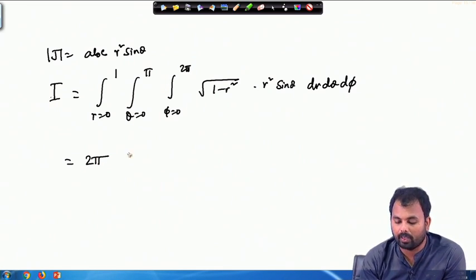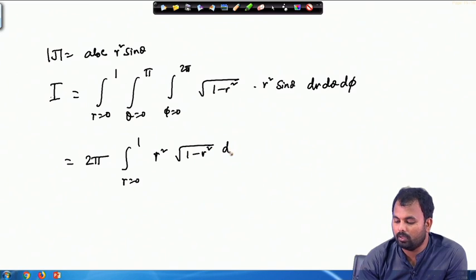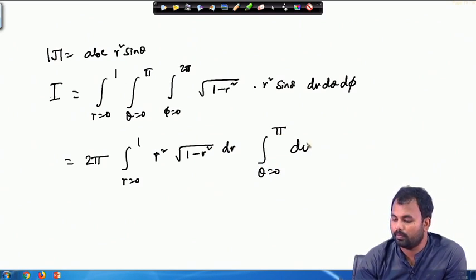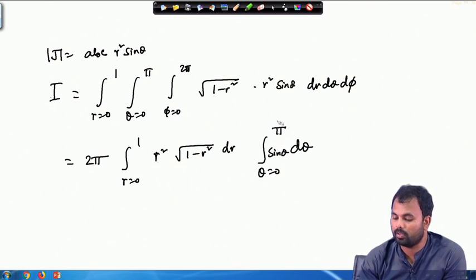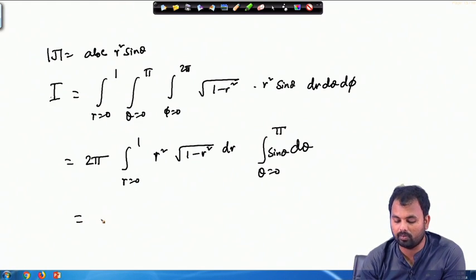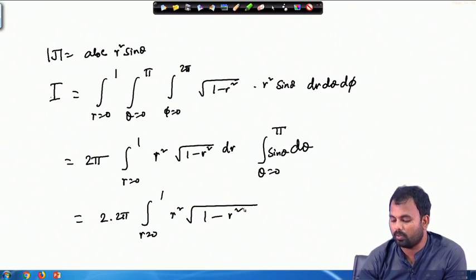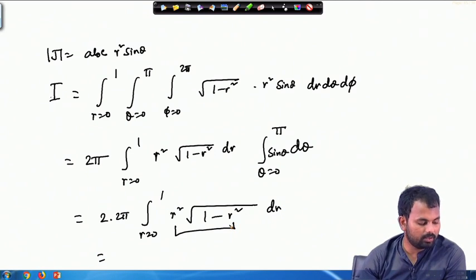So, just 2 pi, and this will be r running from 0 to 1, r square times (1 minus r square) dr, and theta running from 0 to pi, sin theta d theta, which gives minus cos theta, and just like the previous example, cos 0 minus cos pi, which is 2. So ultimately this will reduce to 2 times 2 pi, the integral of r from 0 to 1 of r square (1 minus r square) dr.